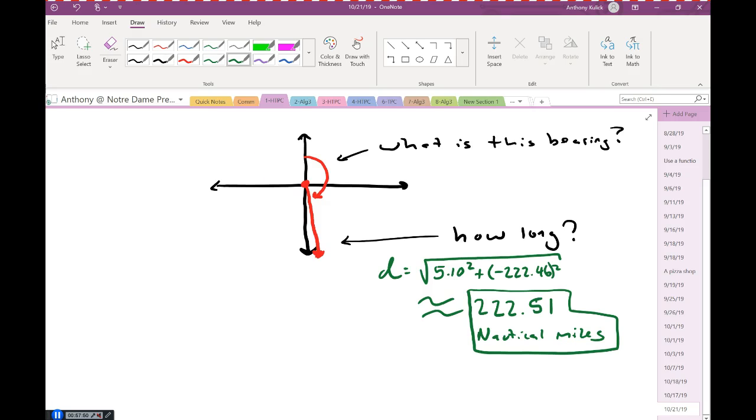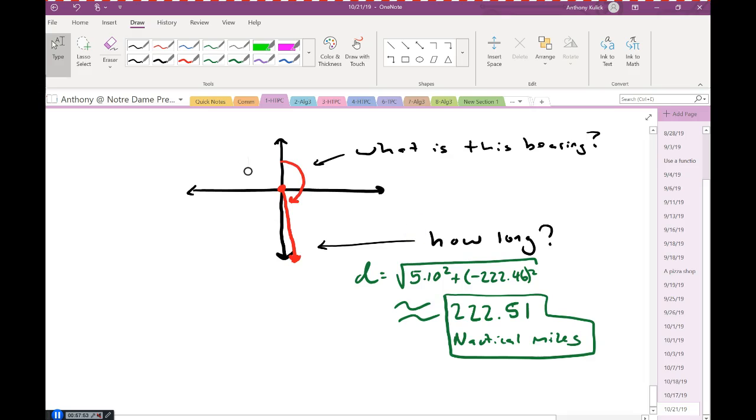Now, to figure out what this bearing is, I'm going to first calculate, maybe I should use another color here.